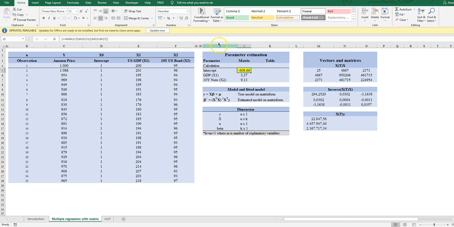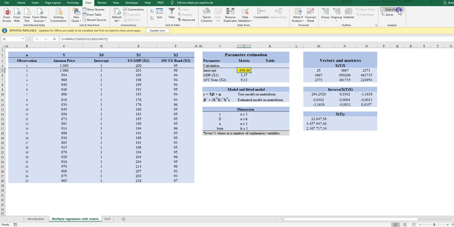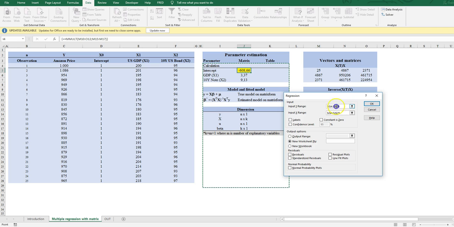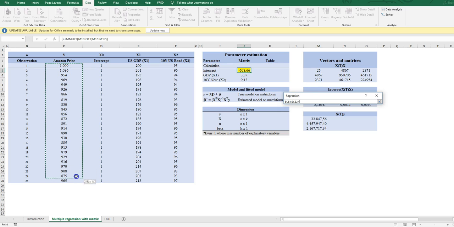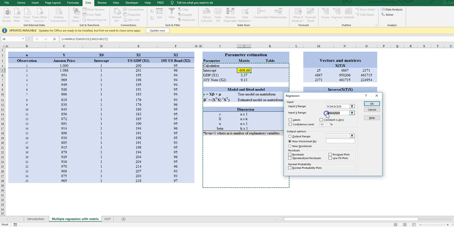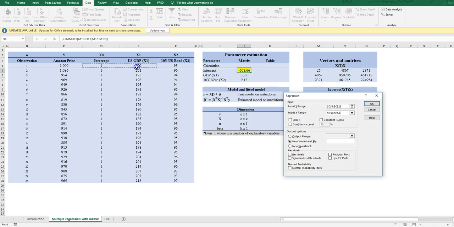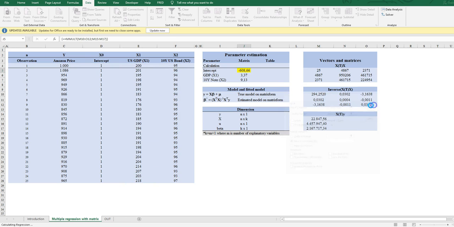It's probably the rehearsal result that's correct, but I'll just have Excel calculating the result, and I can do that in regression analysis. Type in the y, and then I have to again type in the x.